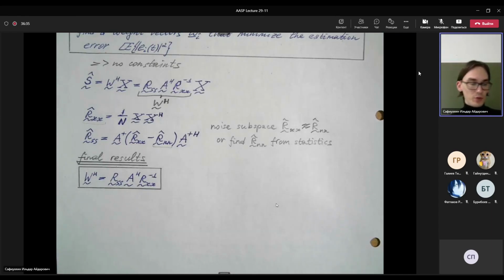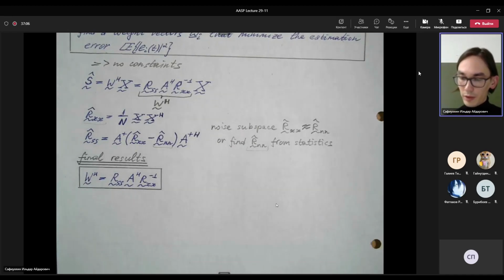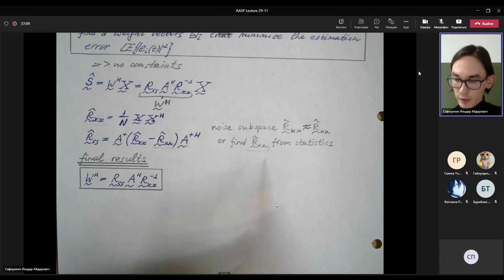So we listen to our channel for some time. We collect the statistics. We can approximately estimate the correlation matrix of the noise, and then at some point we will receive our signals, and based on previous statistics we find this RNN, and we can use this to find RSS.